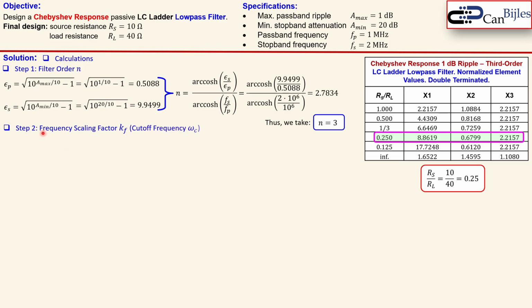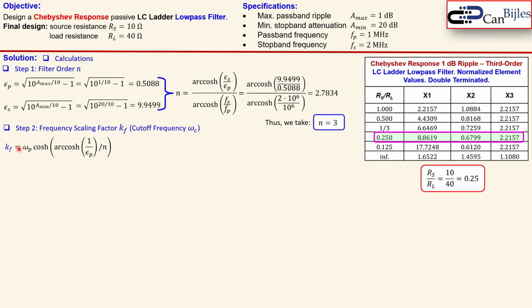So step 2 is calculating the frequency scaling factor. This is also the cutoff frequency for the Chebyshev response. That is related to the passband frequency, but using the formula which converts the passband frequency into the cutoff frequency, which is given by this formula. You see here the filter order and also the passband scaling for the passband ripple, and also the cosine hyperbolic and the inverse cosine hyperbolic.